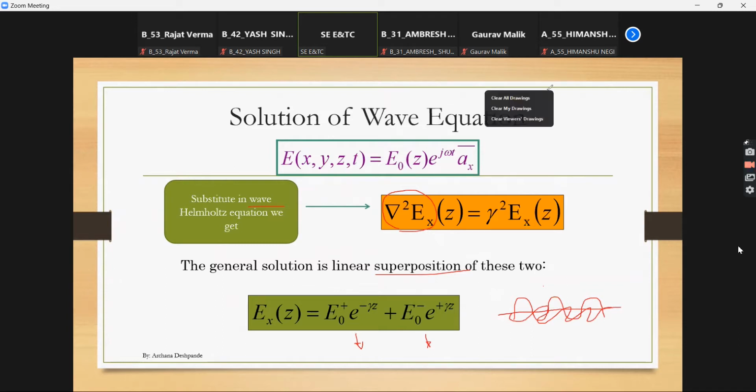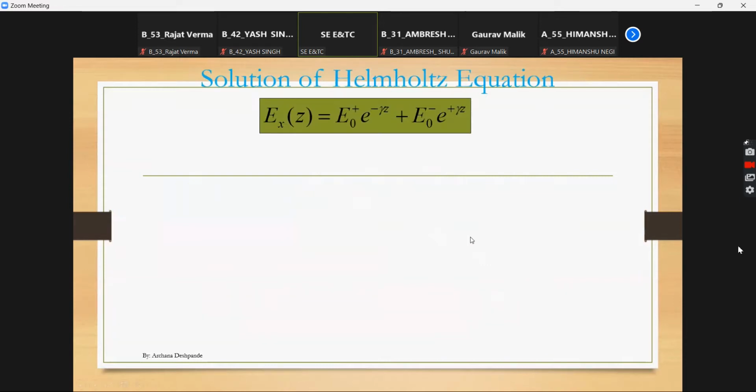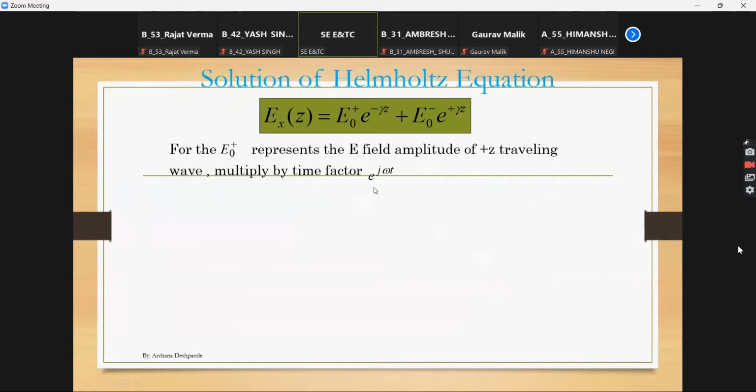Which are they? They are the incident wave and the reflected wave. So at any point, E0 plus represents the electric field amplitude in the positive Z direction, and E0 minus represents the electric field along the minus Z direction.